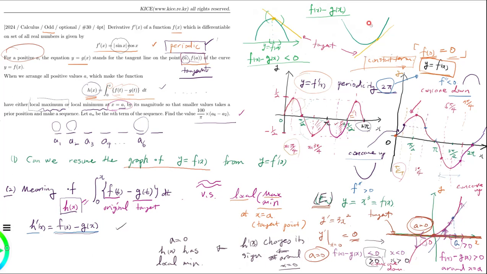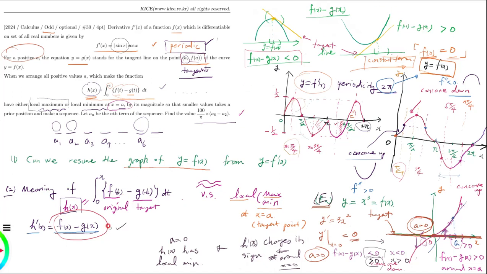For the concave up case, the sign of f of x minus g of x around this tangent point is always positive because the original graph is above the tangent line here. It never happens that the sign changes around the tangent point when the graph remains either concave up or concave down.